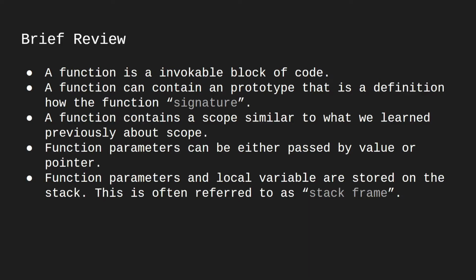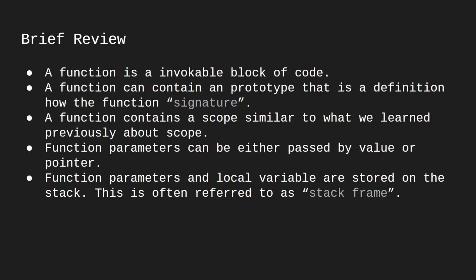Sometimes you will hear this called passed by value or passed by reference, but nowadays the term reference has a different context than it had in the past, so it's often better for me to be explicit and say pass by pointer. Function parameters and local variables are stored on the stack. This is often referred to as a stack frame. There are other things inside of a stack frame, but those in particular are the local context of a function.